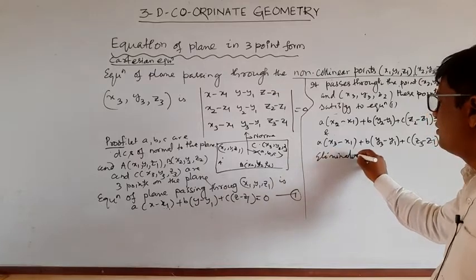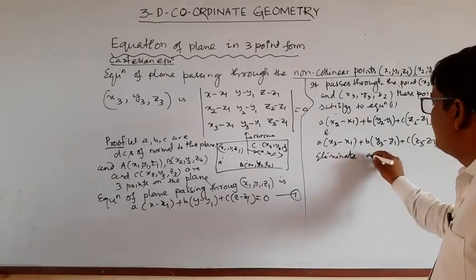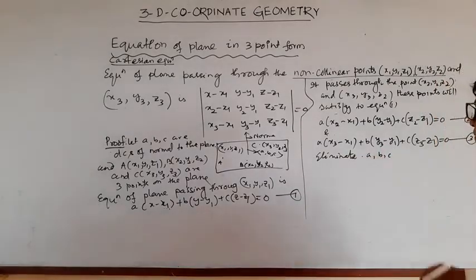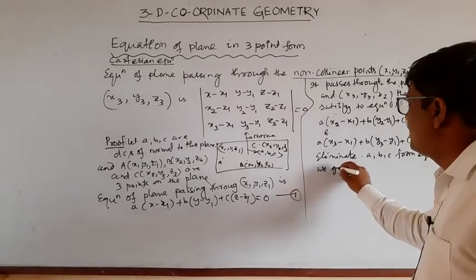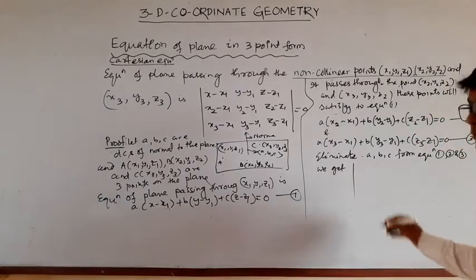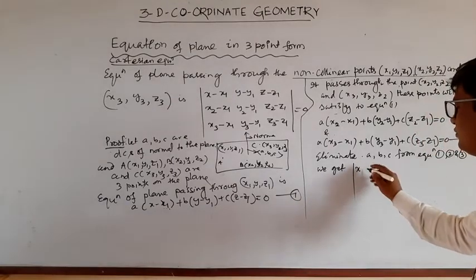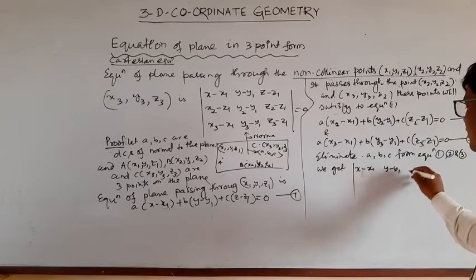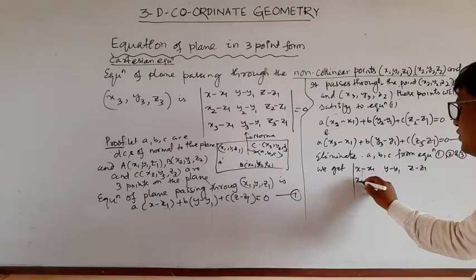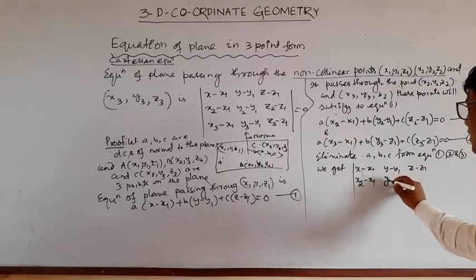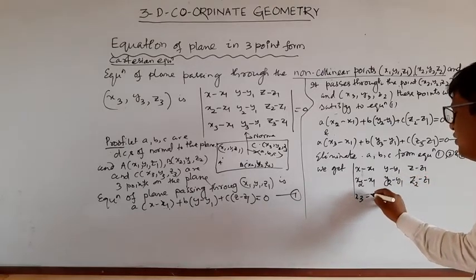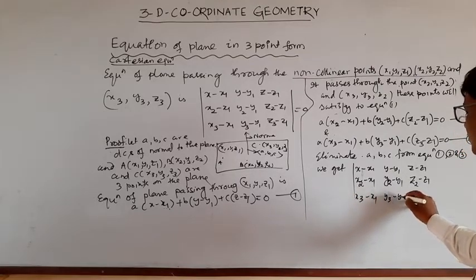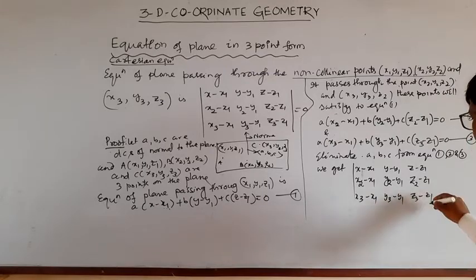Eliminating a, b, c from equations 1, 2 and 3, we get the determinant of x minus x1, y minus y1, z minus z1; x2 minus x1, y2 minus y1, z2 minus z1; x3 minus x1, y3 minus y1, z3 minus z1, is equal to 0.